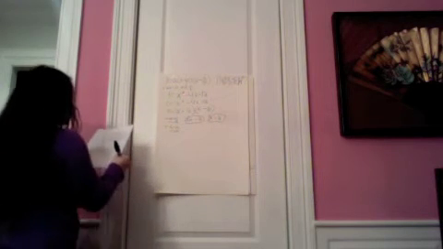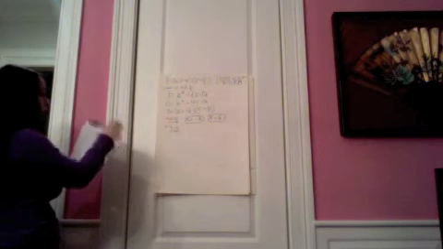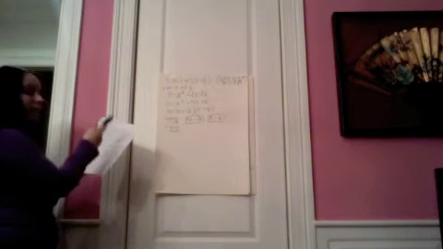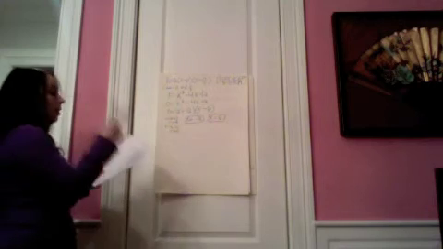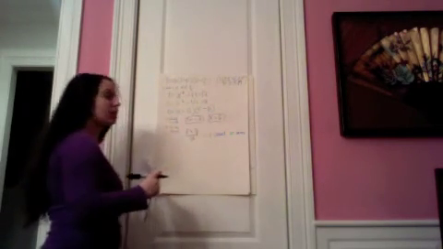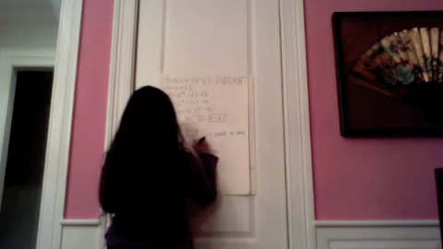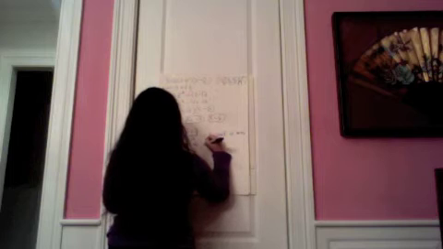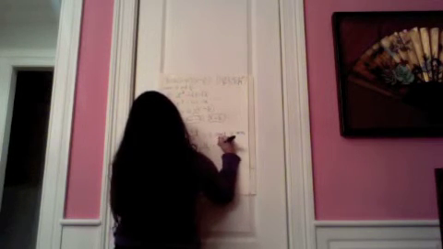And what we're going to do is say p plus q divided by 2, which is going to give us the x-coordinate of our vertex. So we're going to plug in the p and q, which are the x-intercepts: negative 2 plus 6 over 2, which is 4 over 2 equals 2.